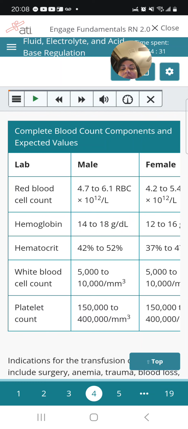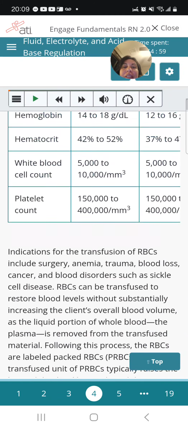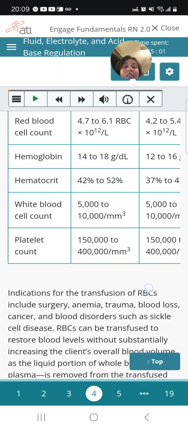And platelet count is like buying a house, 150,000 to 400,000. The down payment would be the white blood cell count, which is 5,000 to 10,000. Hematocrit is a percentage.